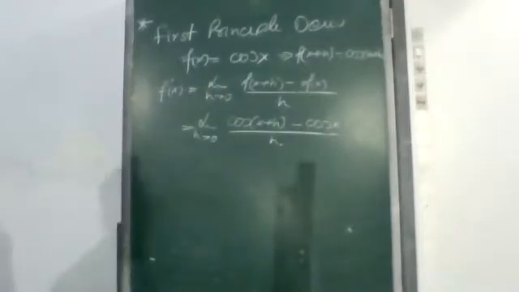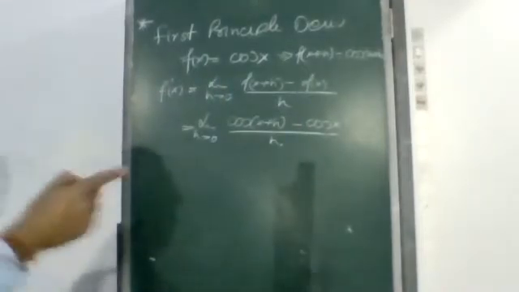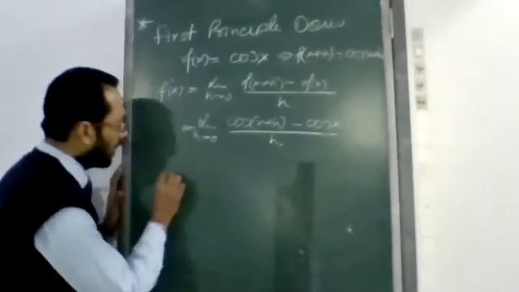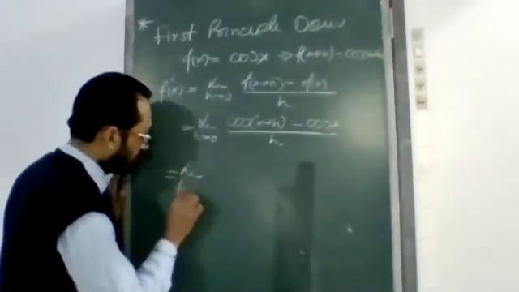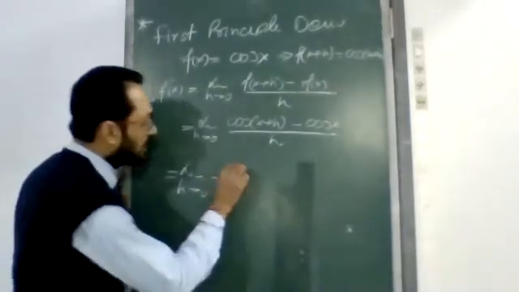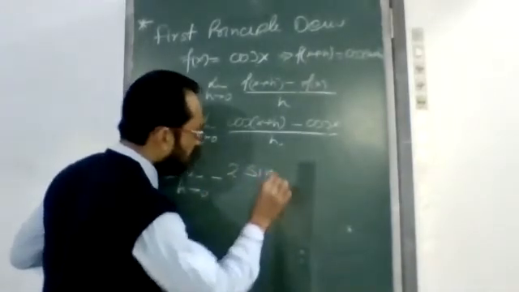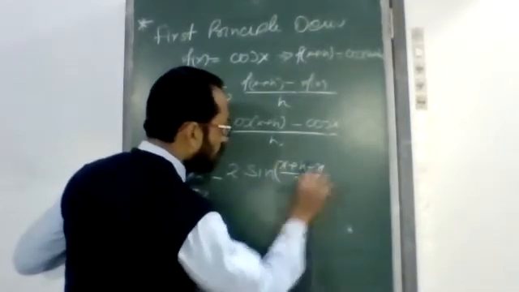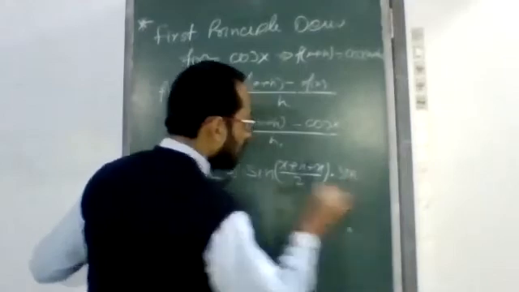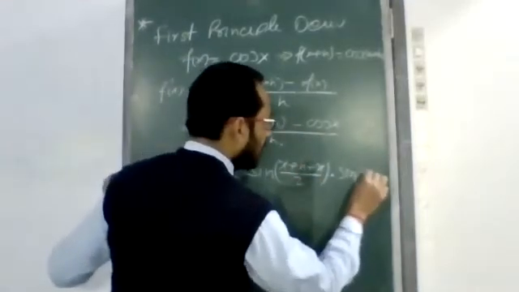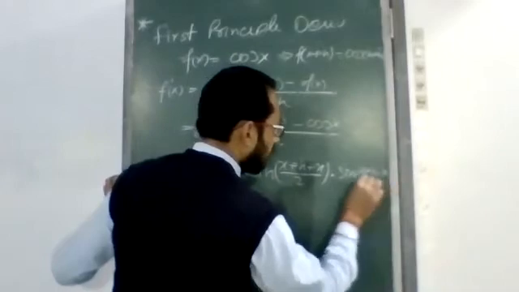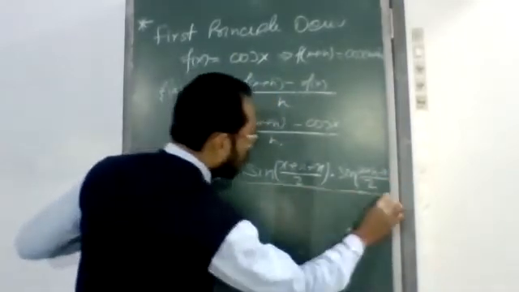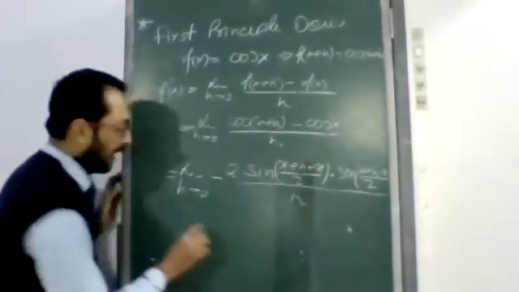Now we need to implement the identity for cos c minus cos d. Cos c minus cos d is minus 2 sine (c plus d) upon 2, that is (x plus h plus x) whole upon 2, into sine (c minus d) by 2, that is (x plus h minus x) whole upon 2, upon h.